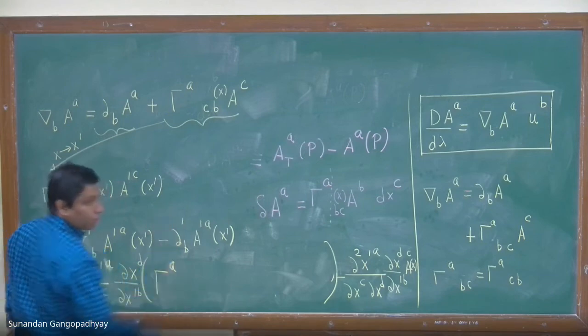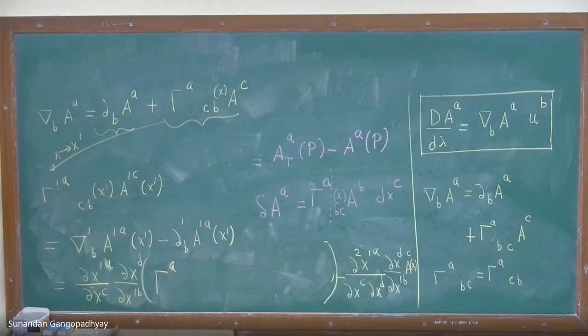What was that? I forgot. Let me see. It was grad d AC minus del d AC, right? Check it.